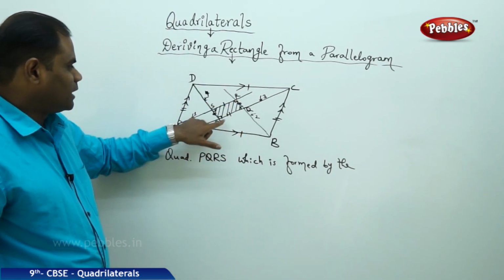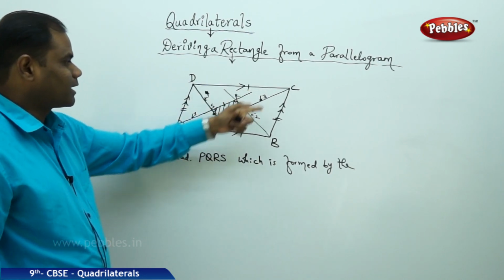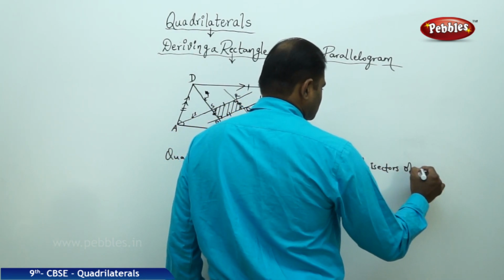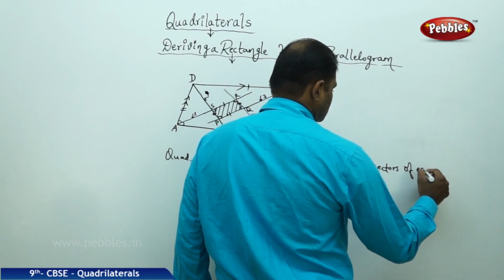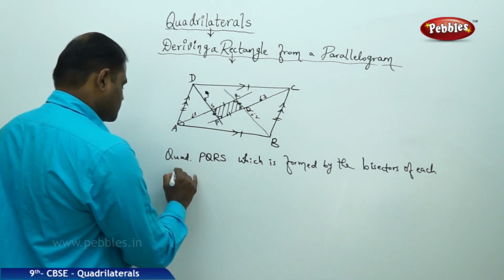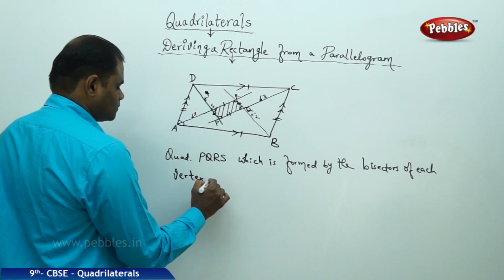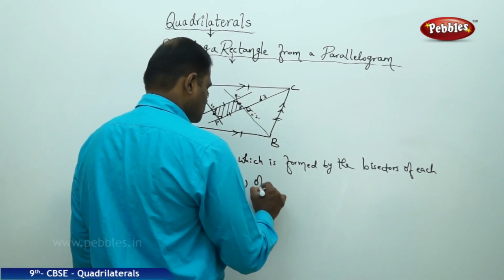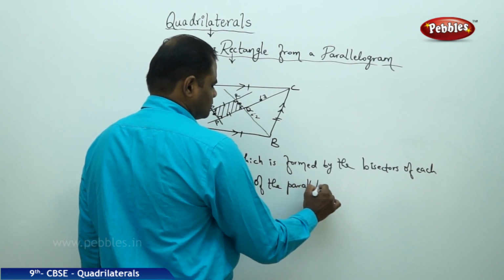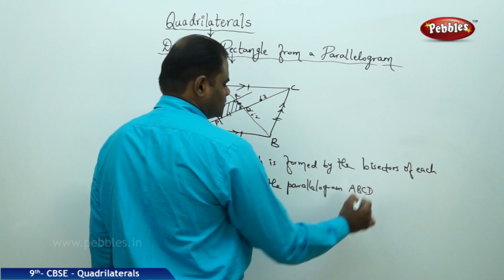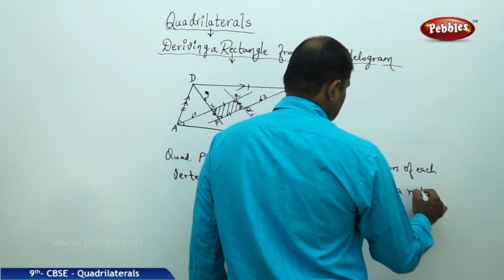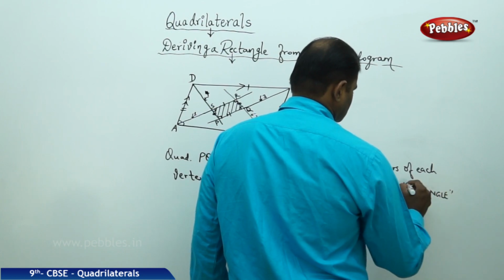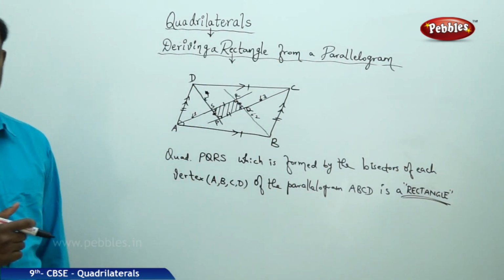Usually this quadrilateral is formed by the bisectors of each of the angles of the parallelogram, by the bisectors of each vertex A, B, C, D of the parallelogram ABCD, is a rectangle. This is how I understand the property.